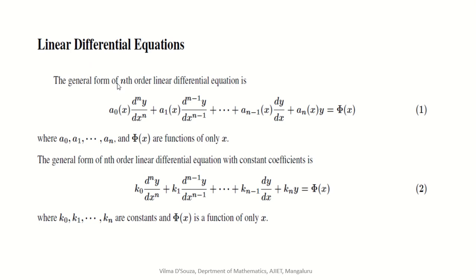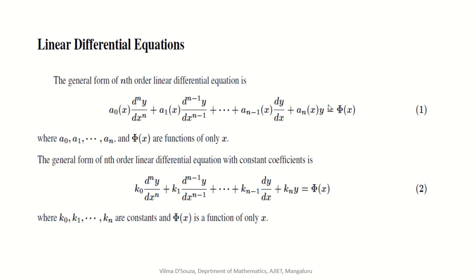The general form of an nth order linear differential equation is a0 d^n y/dx^n + a1 d^(n-1) y/dx^(n-1) + and so on + a(n-1) dy/dx + an y = phi of x, where a0, a1, etc., an and phi of x are functions of x.